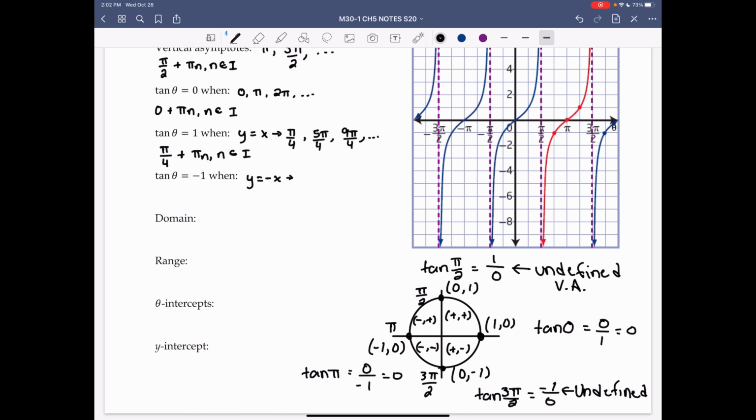So in those two quadrants, which would be 3 pi over 4, and then add pi to that would give us 7 pi over 4, add pi to that would give us 11 pi over 4, etc. In general, that would be 3 pi over 4 plus pi n, where n is an element of the integers.